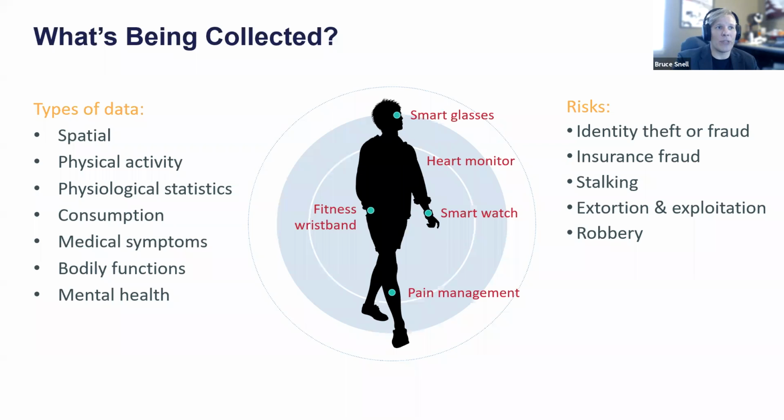And these are all things that can be easily collected by smartwatches and fitness trackers and things like that. So there's a lot of data out there that can be harvested by an attacker to exploit the individual.